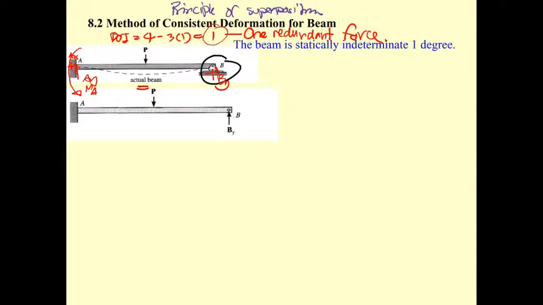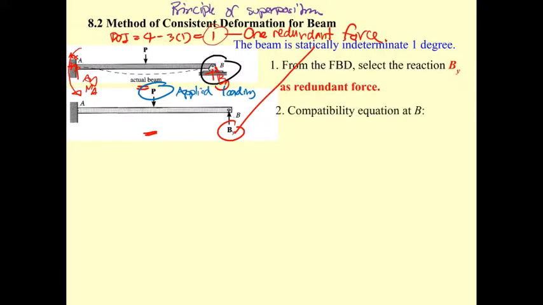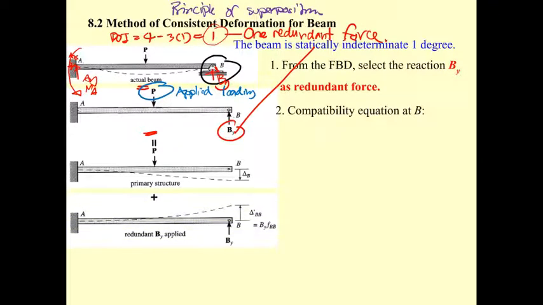Now the beam is subjected to two types of force. One is the applied force, the applied loading. The other is the redundant force. So we separate this into two cases: this one for the applied loading, and this one for the redundant force.